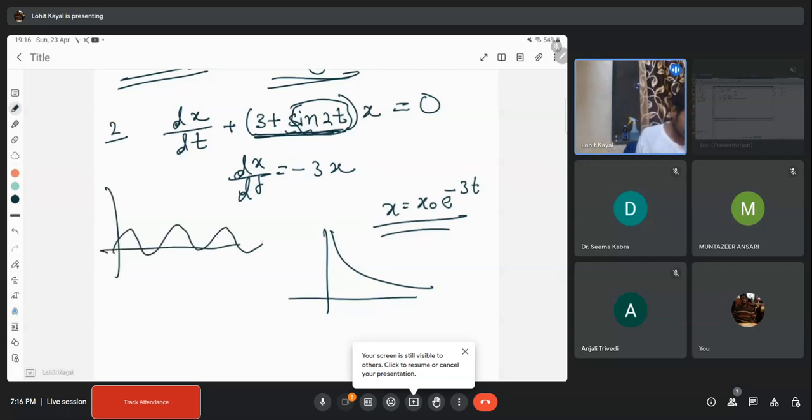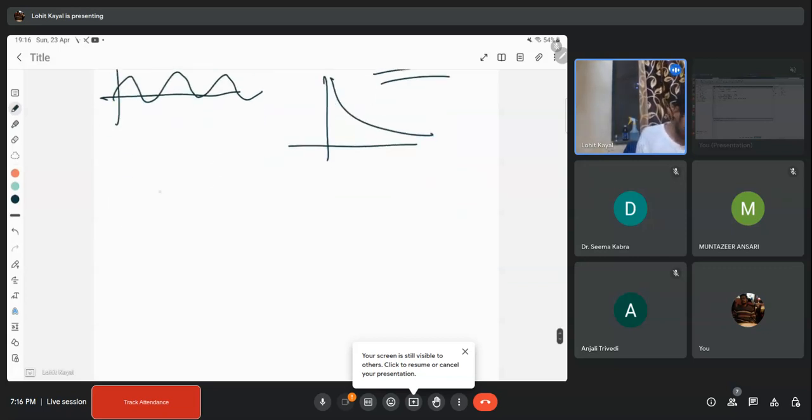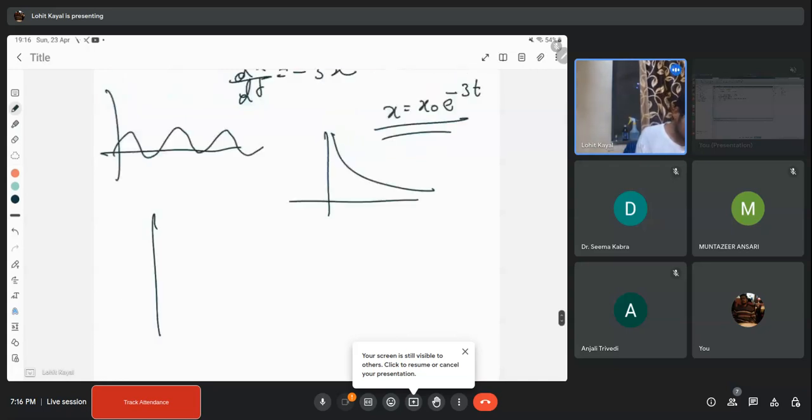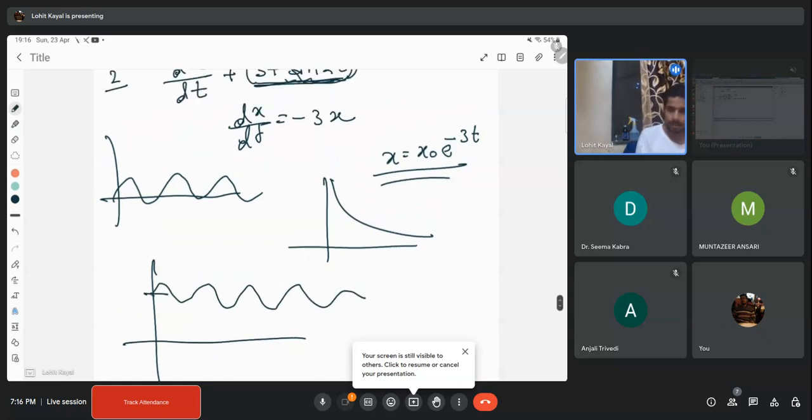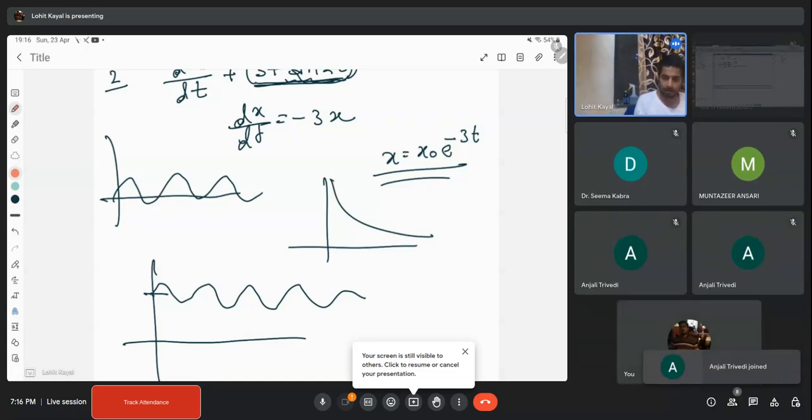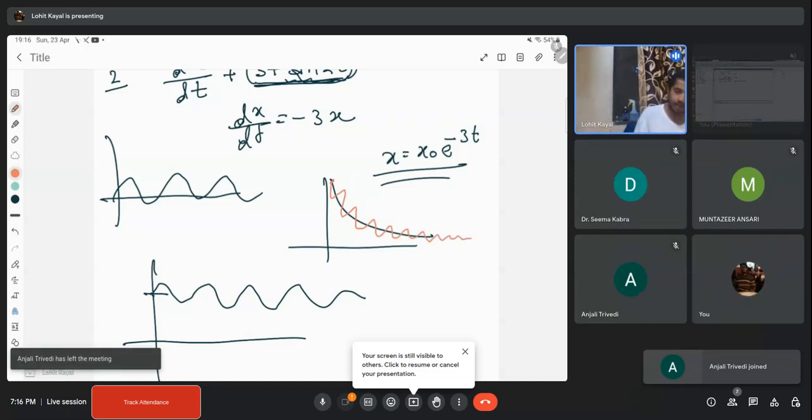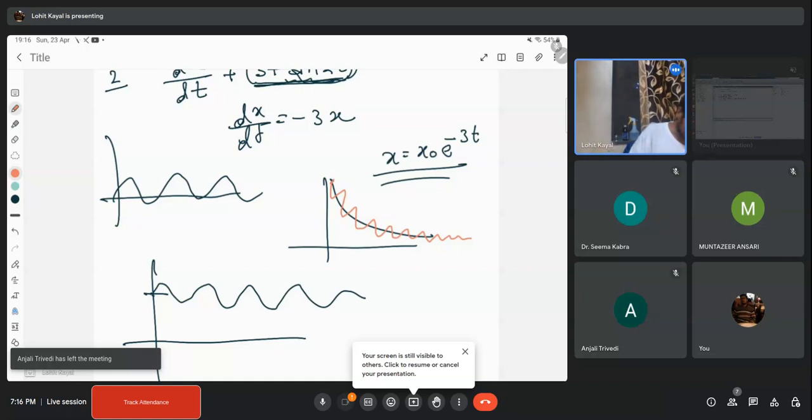If sine 2t is not there, then you will have dx dt equal to minus 3 of x, so x equal to x naught e to the power minus 3 of t. Sine 2t is an oscillatory function, so we will not get a simply exponential curve. We should get something that will oscillate and continue to decay. Okay, so now let's check that.